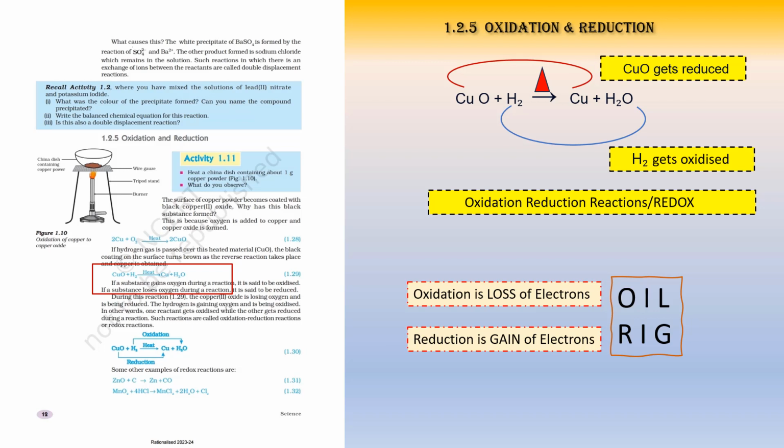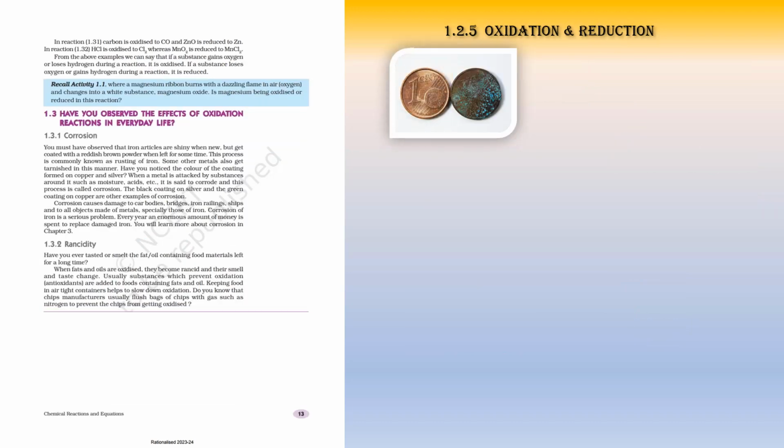You will be taught this concept OIL RIG in senior classes. As of now, try to explain the answers in terms of addition or removal of oxygen and hydrogen atoms in the chemical reactions.